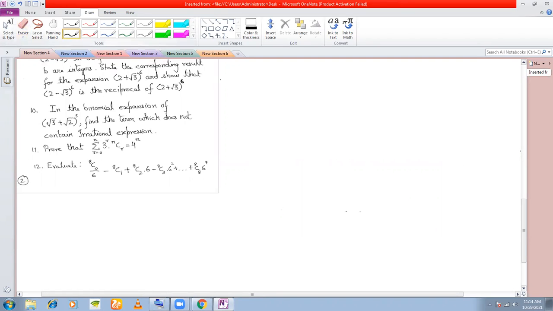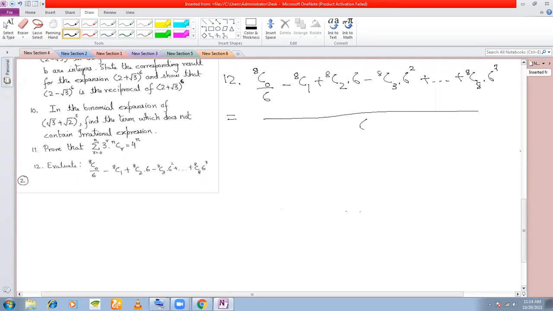Number 12. Evaluate. So what is the expression given here? 8C0 divided by 6 minus 8C1 plus 8C2 into 6 minus 8C3 into 6 square plus up till 8C8 into 6 to the power of 7. Okay, so what you do here is you take the LCM, 6.